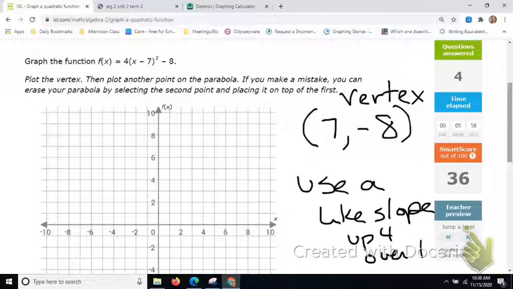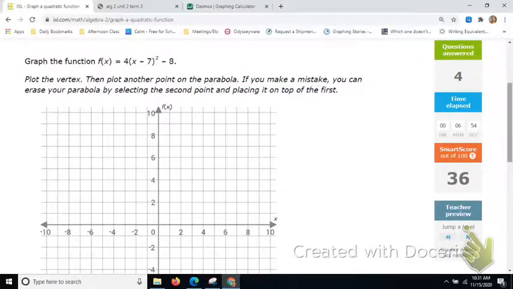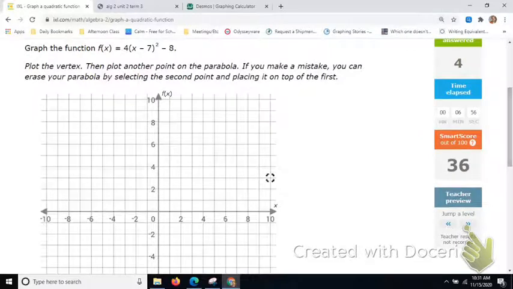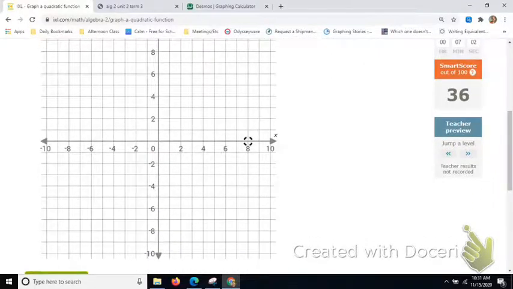All right, so I'm going to have to clear that off so that I can answer that question. So we said our vertex is at 7, negative 8. And then we're going up 4 and over 1.